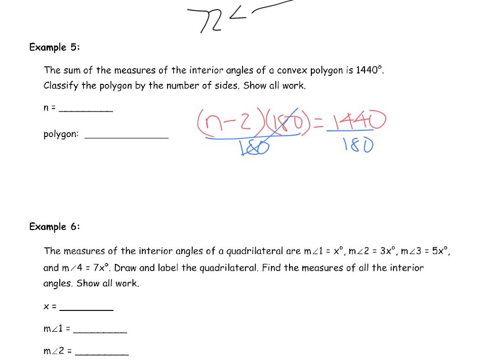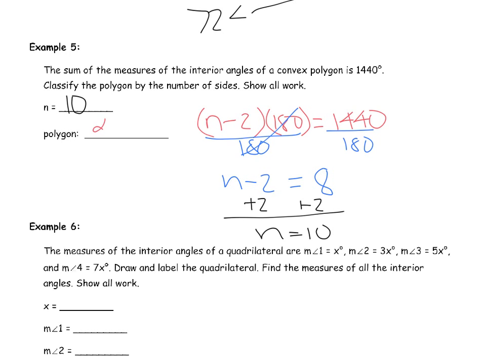Divide both sides by 180. You get n minus 2 equals 8, since 1440 divided by 180 is 8. Then I'm going to add 2 to both sides. n is equal to 10. And that is called a decagon.